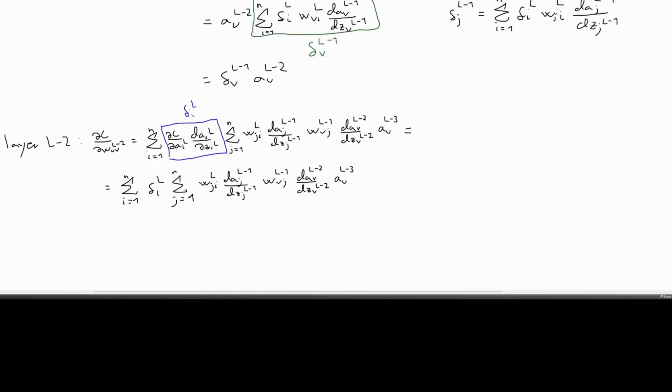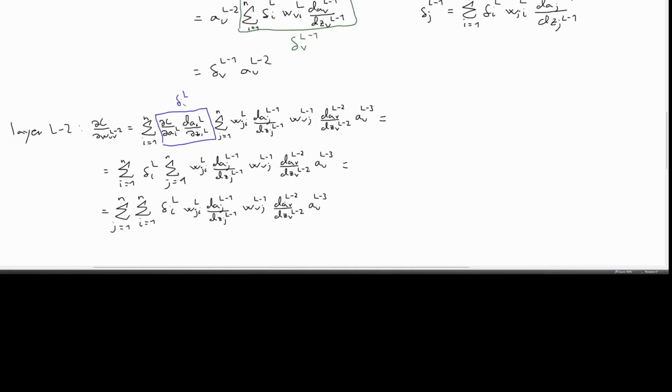Now what we can do here is to switch the position between these summations, in which case this summation becomes the outermost sum, so as j goes from 1 to n, and this summation becomes the innermost sum as i goes from 1 to n, and we get delta i at L multiplied by the rest of the terms.